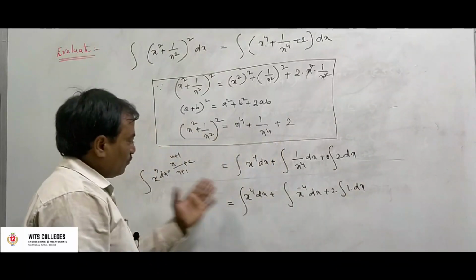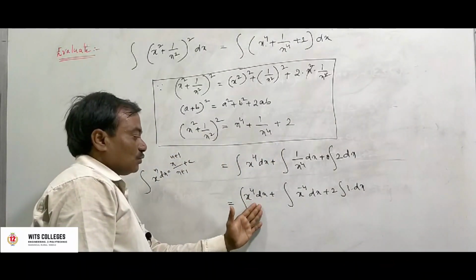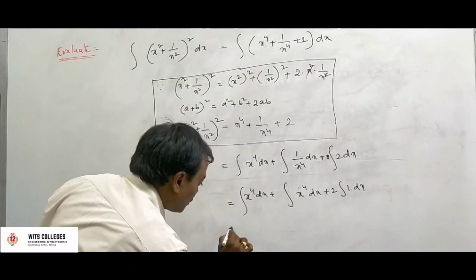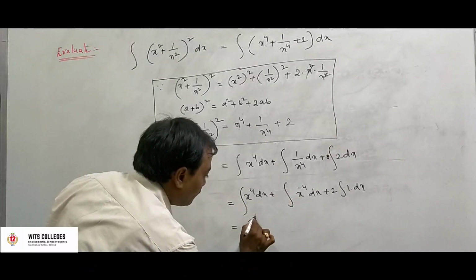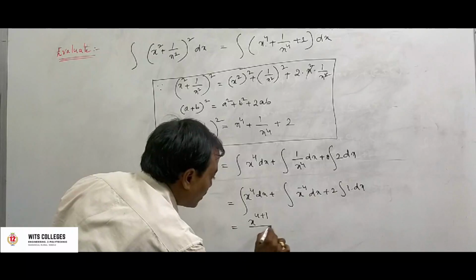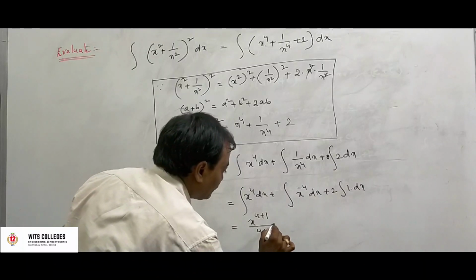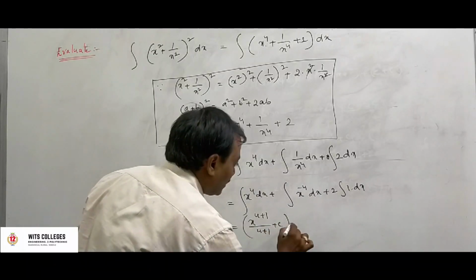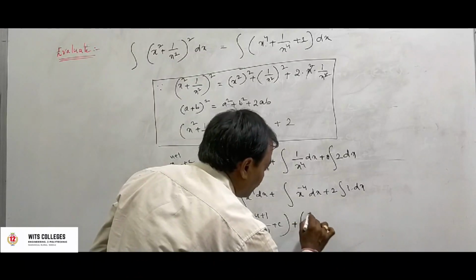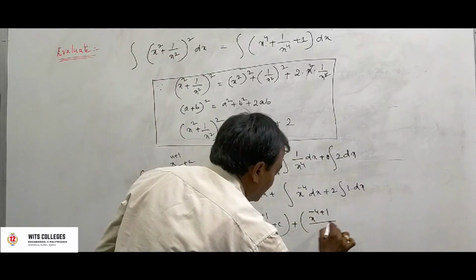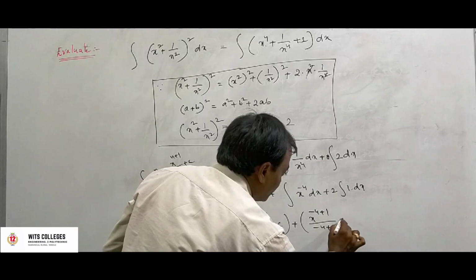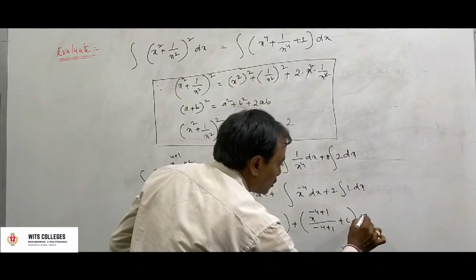Now we apply this formula: x to the power of 4 plus 1 by 4 plus 1 plus c, and x to the power of minus 4 plus 1 by minus 4 plus 1 plus c, plus 2.